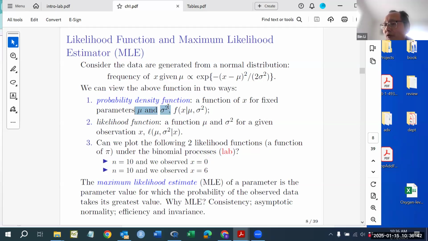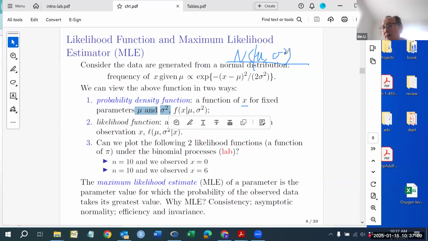For a normal distribution, we have two parameters, right? We can write a normal distribution with mean mu and variance sigma square. These are the two parameters we need to characterize a normal distribution, okay? So a PDF is a function of x given the fixed mu and sigma square, okay?